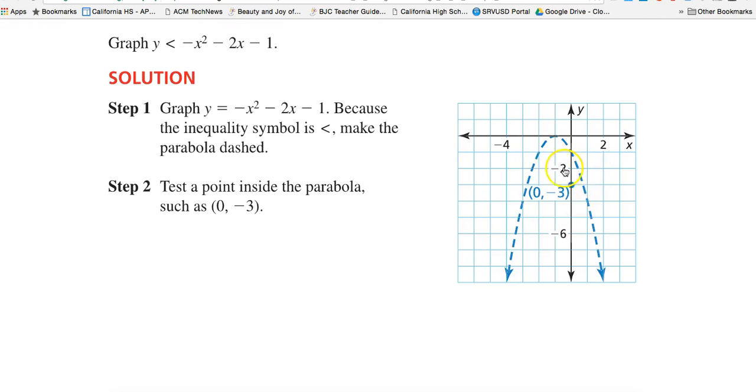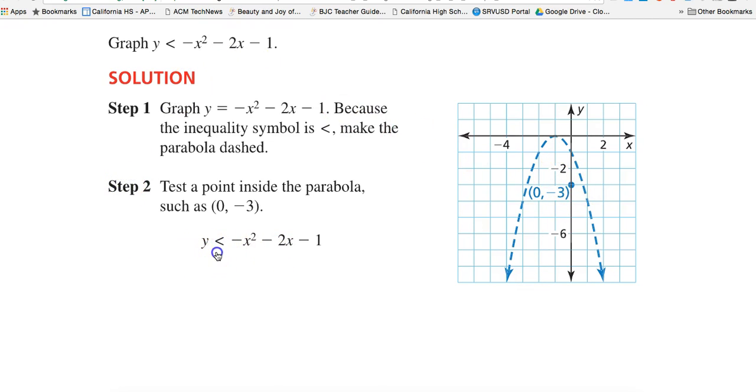So let's use this point, for example, 0, negative 3. Now remember, this is just to test and make sure that we're looking at the right region. Again, our solution area is an entire region. So since we decided that this whole area underneath our parabola is the correct region, we're going to pick this point to plug it in and see if it works.